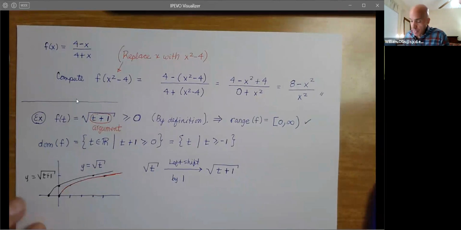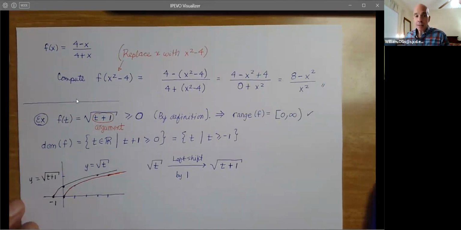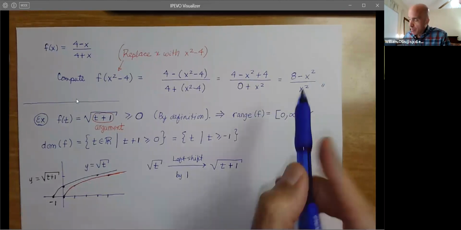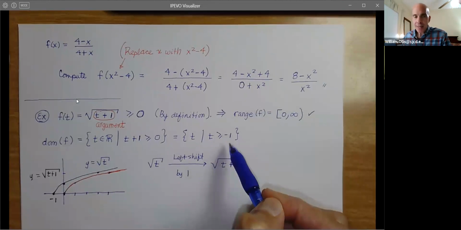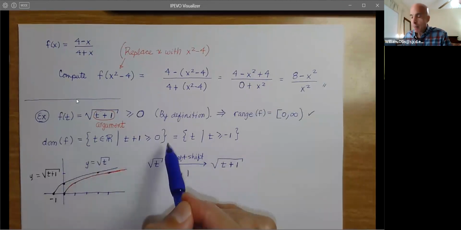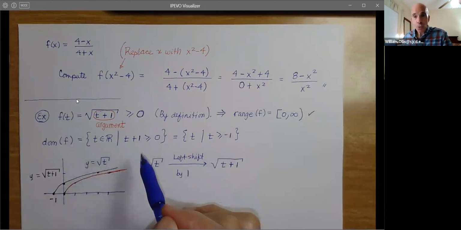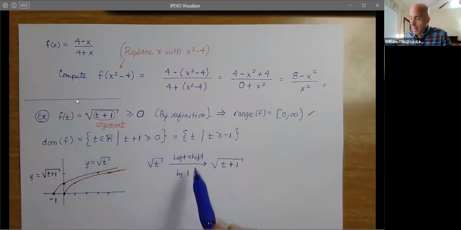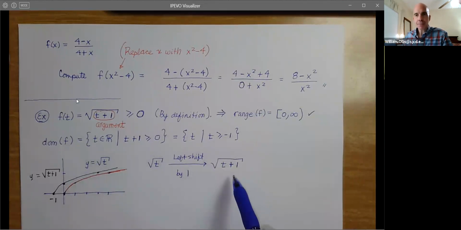And so now we see that the domain is indeed -1 to infinity. The idea here is that this tells us what the domain is algebraically by definition of the principal square root. And then when we analyze function transformations, we get the same thing.